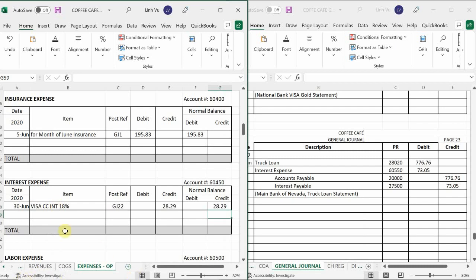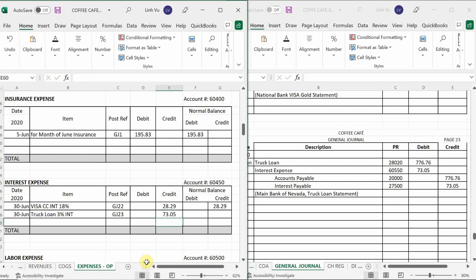So here, I'm already on interest expense, so might as well just go ahead and pop it in here. You can write truck loan, 3% interest. We're on the 23rd payment here, and it's for $73.05.